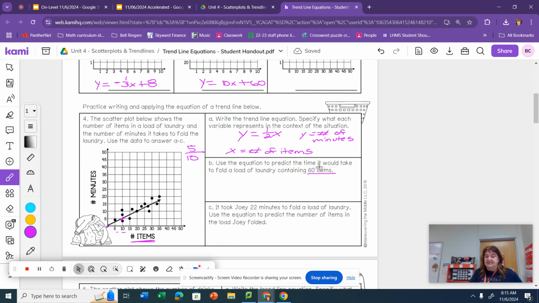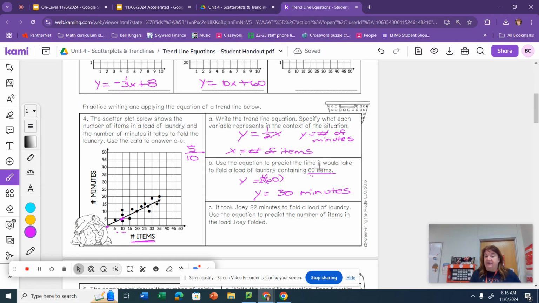Use the equation to predict the time it would take to fold a load of laundry containing 60 items. Since x is the items, I'm just going to replace the x with 60. So y equals 1/2 times 60, and so that would be y equals 30 minutes. There we go.